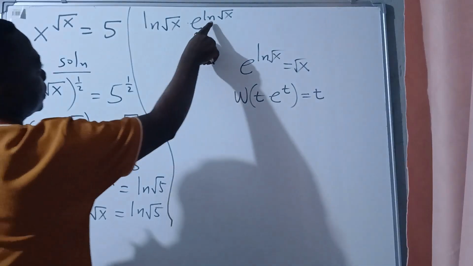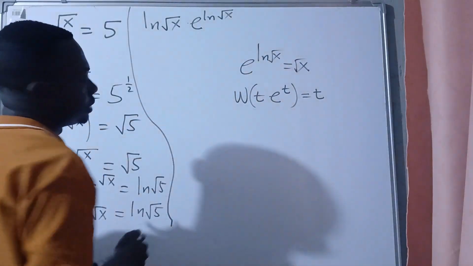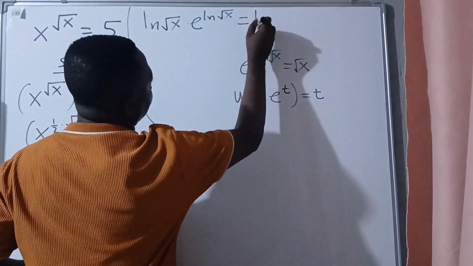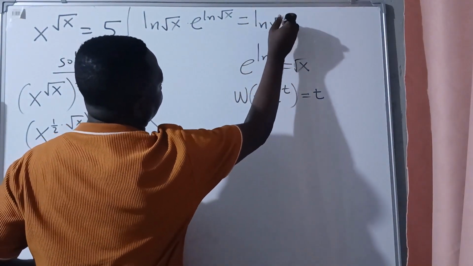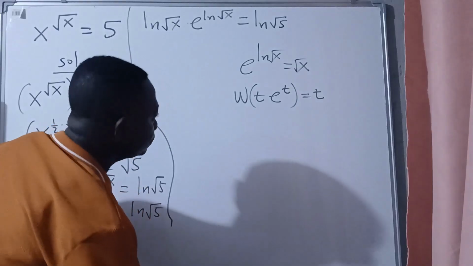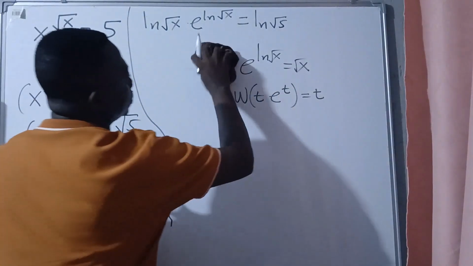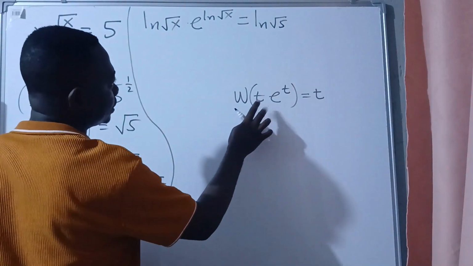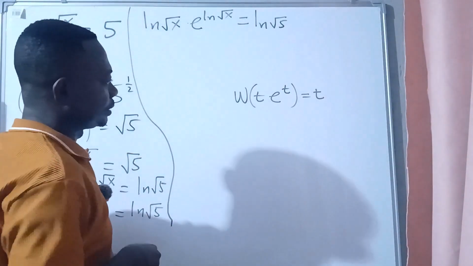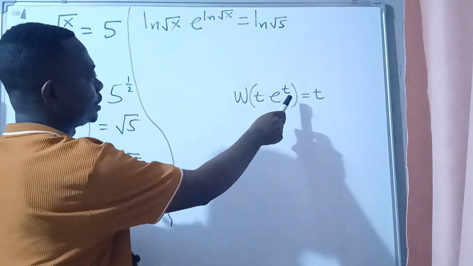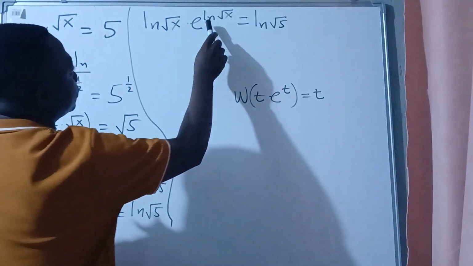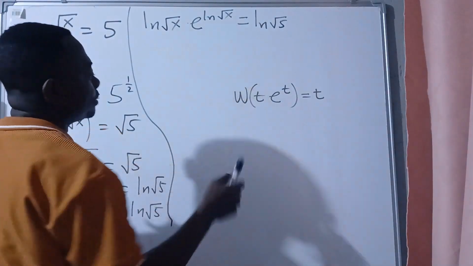This one is the same as square root of x, so I've done nothing. It equals ln of square root of 5. All right, so this one is achieved. Now the next thing is to make sure what is here and what is there are the same, and now we have this and that being equal.